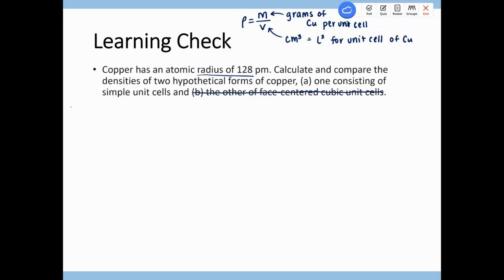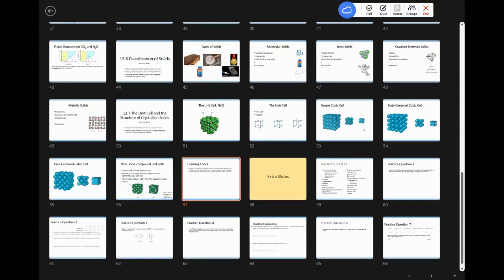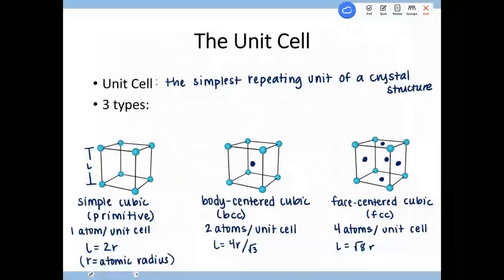Let's do mass first. So part 1, we'll be calculating mass. We need to find the mass of copper present in one unit cell. Going back to the slide where we described all of these, we know in the simple cubic cell, there is 1 atom per unit cell.